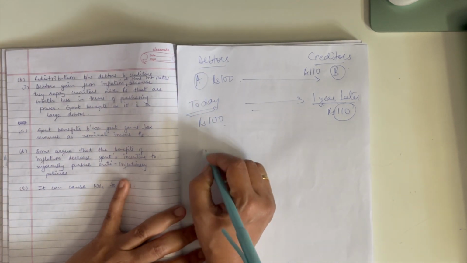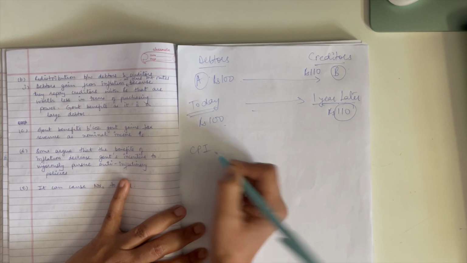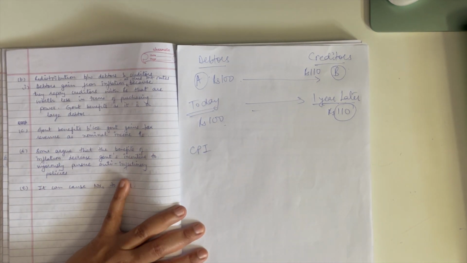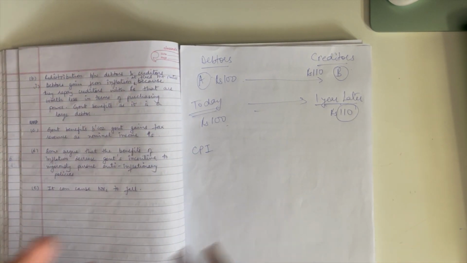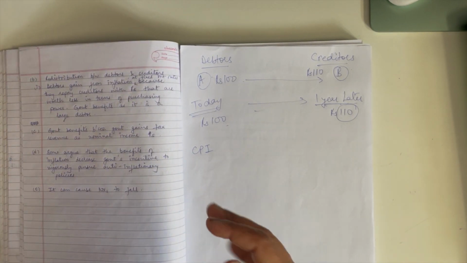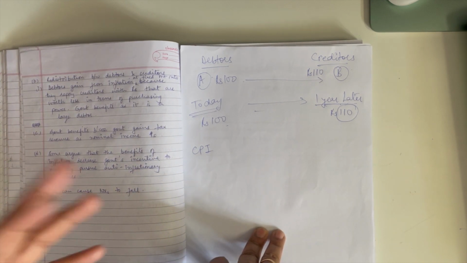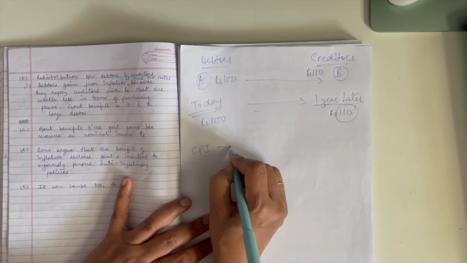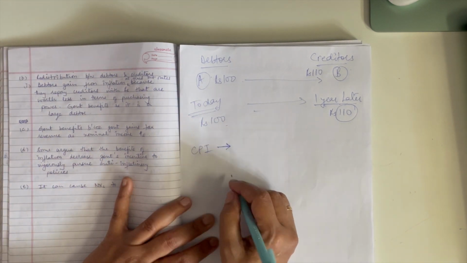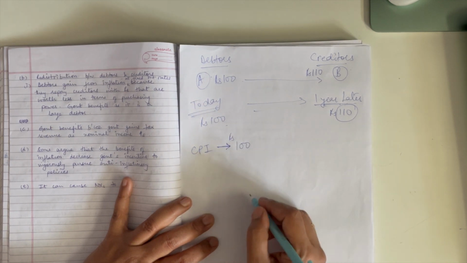Let's say that I have my CPI, my consumer price index, which is the cost of my fixed basket of goods and services. Again, I have explained this term and a lot more in my previous video on nominal and real GDP. Please have a look. So let's say today my CPI, that is my buying of a certain basket of goods and services, is rupees 100. I buy that at 100.